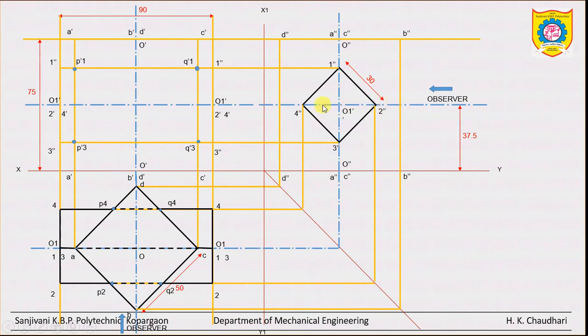There is already a horizontal projection taken from this point number 2, and for this we have located P2 and Q2. So our aim is to locate P2 Q2 and P4 Q4. Before taking that, we have just taken the outline.